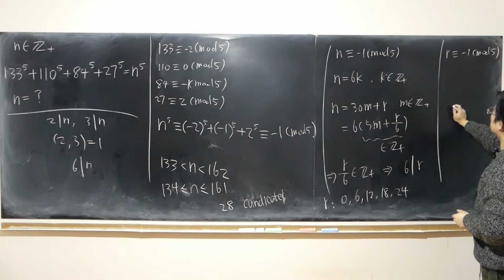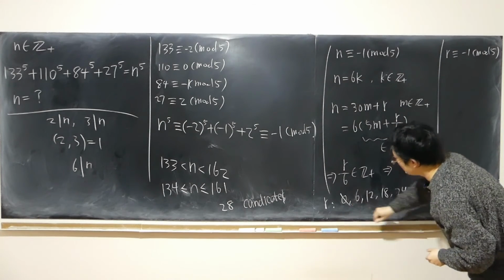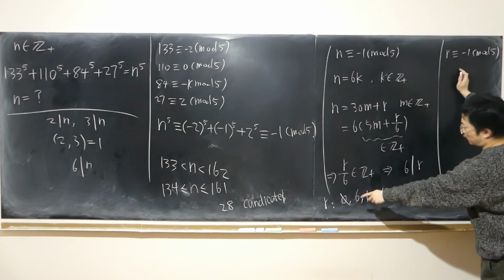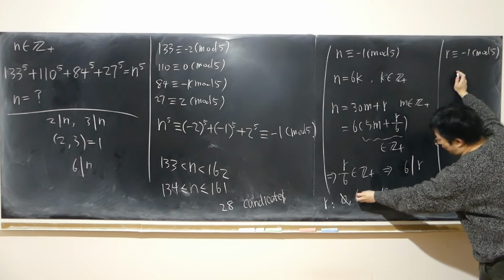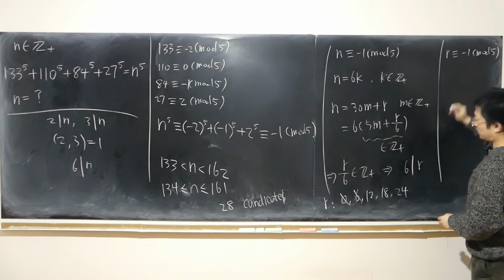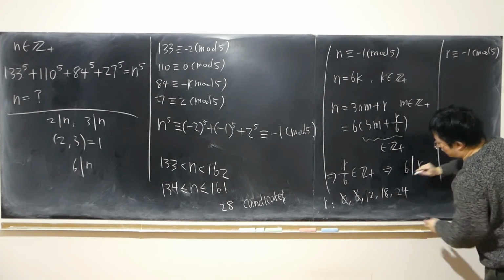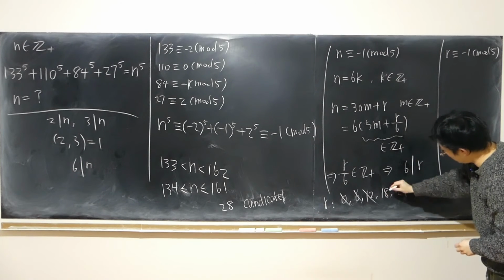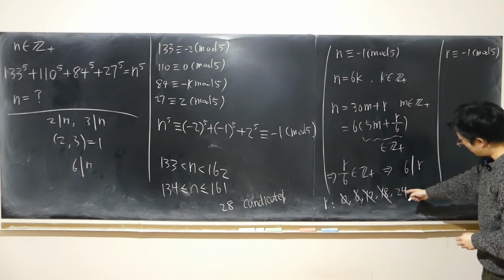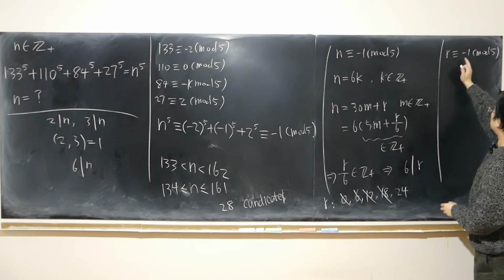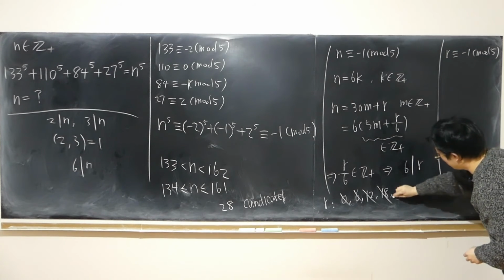First of all, I can easily rule out this one. This divided by 5 cannot have a remainder of -1. This divided by 5, remainder of 1, cannot be true. This divided by 5, remainder of 2, cannot be true. Remainder is 3. This divided by 5, remainder is 4. But 4 is just like remainder of -1, so this is fine.